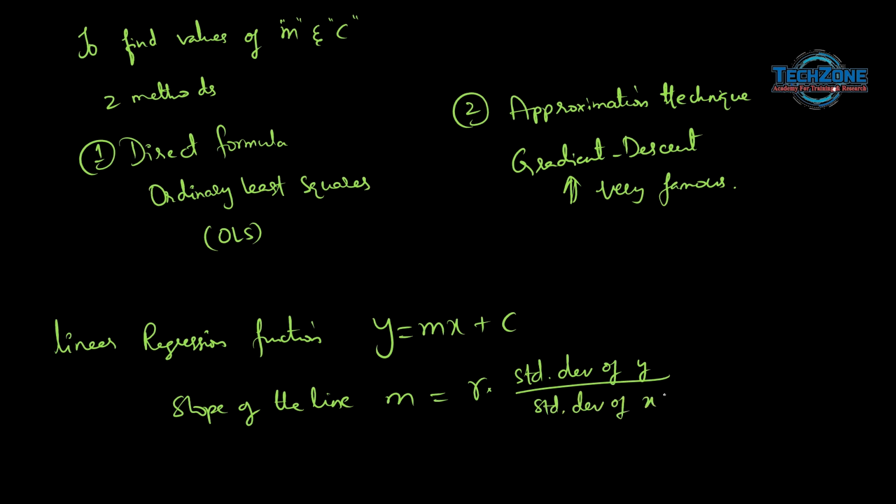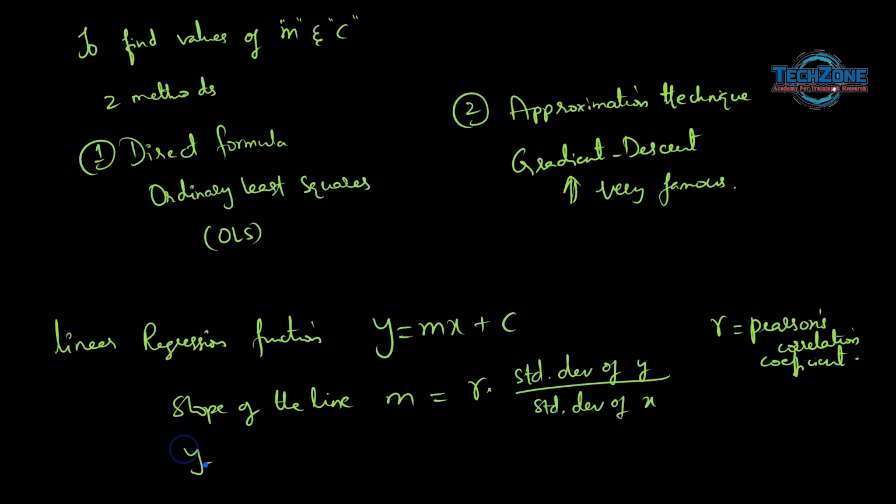So what is r here? r is Pearson's correlation coefficient. We have a formula to find this, and standard deviation of y divided by standard deviation of x, that is, of the x values and y values. So this is how we'll find the value of slope m.